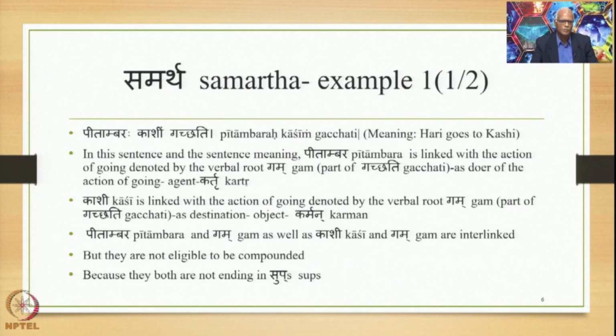For example, Pitambaraha Kashim Gacchati. Pitambara is an example of a Bahuvrihi compound. This means Hari goes to Kashi. In this sentence and the sentence meaning, Pitambara is linked with the action of going, denoted by the verbal root gama, which is part of gachati, as doer of the action of going, agent or kartru.